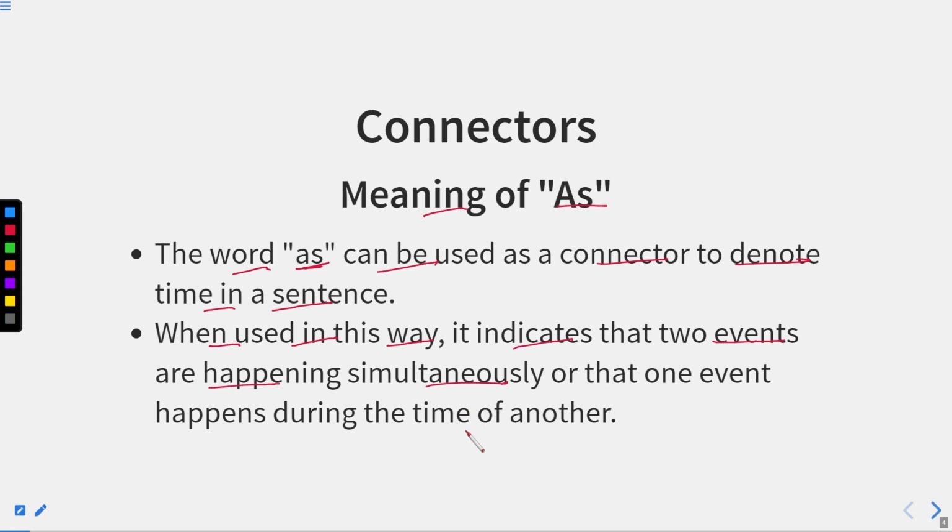Simultaneously means parallelly. It means at the same time, or that one event happens during the time of another. It means when one action is going on, another action is also taking place. So when two actions are being done simultaneously, we use as.